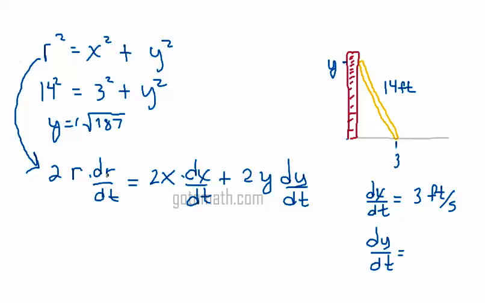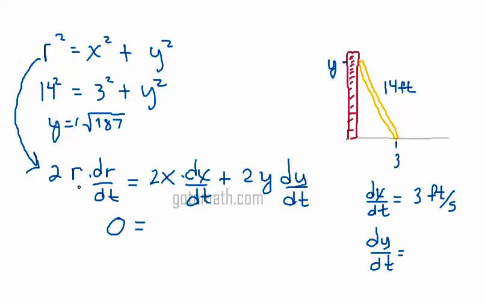Now, one thing about dr over dt: is this distance actually changing? And the answer is no. This ladder is not getting smaller or larger. It remains constant at 14 feet. So this is a constant, and therefore it becomes 0, because 2 times r times 0 is just 0. So we just have 0 on this side. We've got to watch out for that.